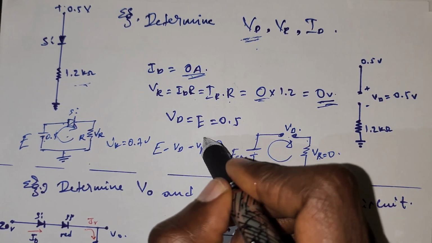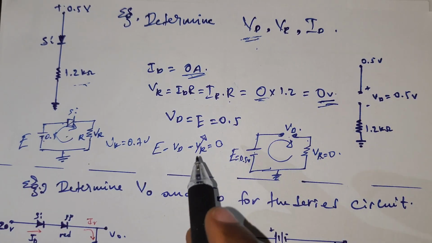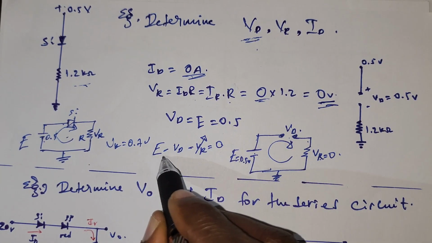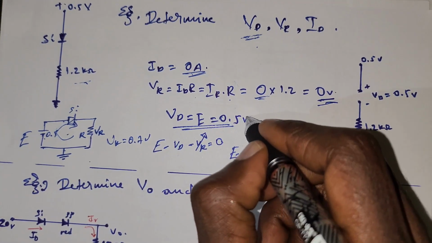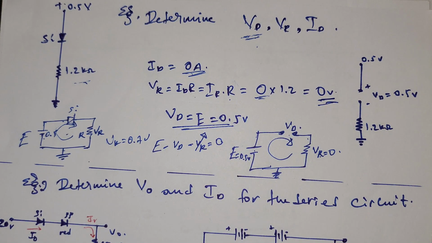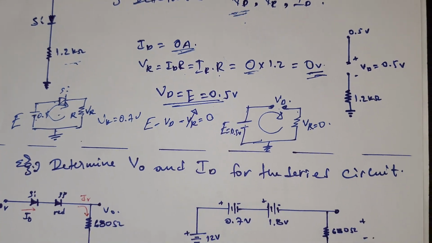We know VR is equal to 0, so we take this one to the other side. So VD is equal to E, which is 0.5 volt. This is how we simply calculate VD.